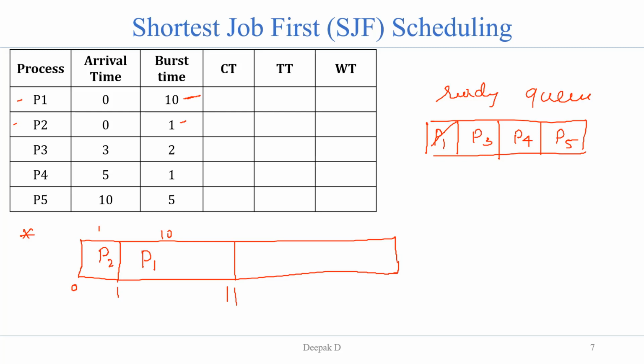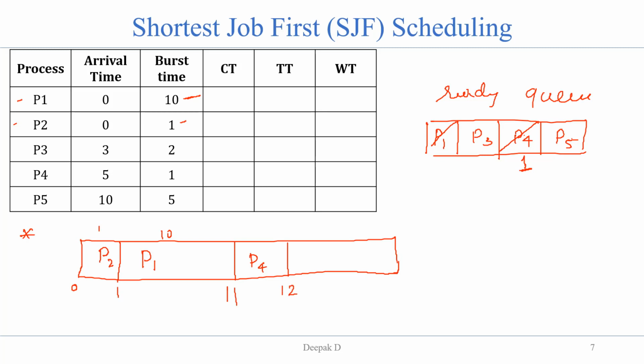So after completion of P1, P3, P4, and P5 are waiting for execution. But you need to pick the process with the shortest job. So I pick process P4 because it has the shortest burst time, that is 1, and I execute it for 1 second.